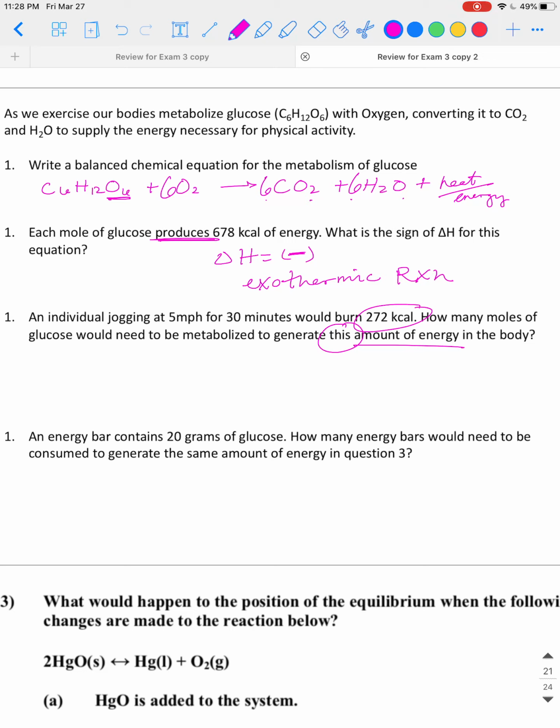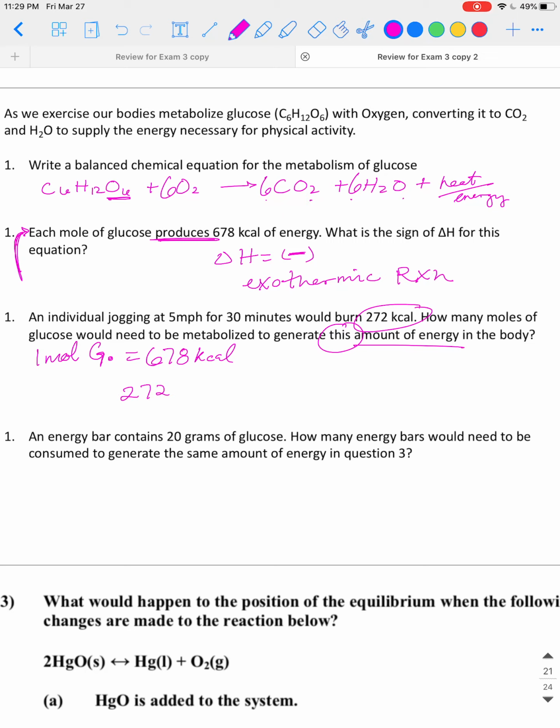So if we look up at the second problem, it says each mole produces 678 kcals of energy. We have a relationship there. For every 1 mole of glucose, abbreviated capital G, 1 mole of glucose produces 678 kcal of energy. We just want to know how many moles would it take to produce 272 kcal.